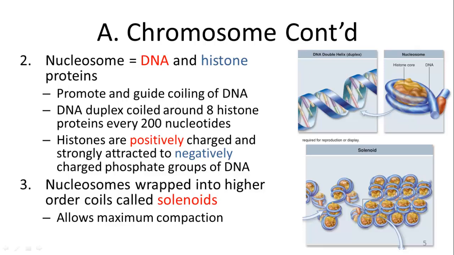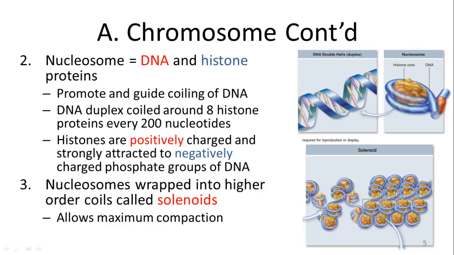Some of the proteins that interact with the chromosomes are called histone proteins, and what they do is attract to the DNA itself and form bonds and make these coiling structures so that you don't have a strung out piece. They are positively charged and attracted to the negatively charged phosphate groups, so they create those bonds there.